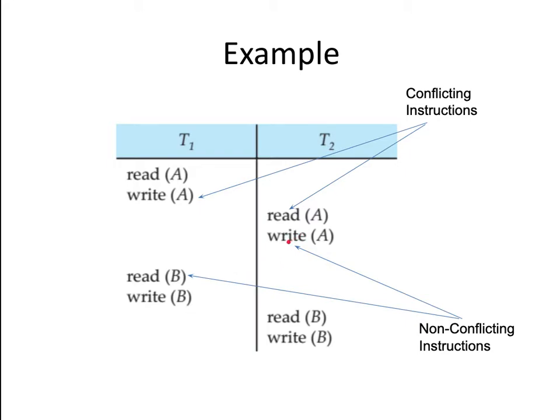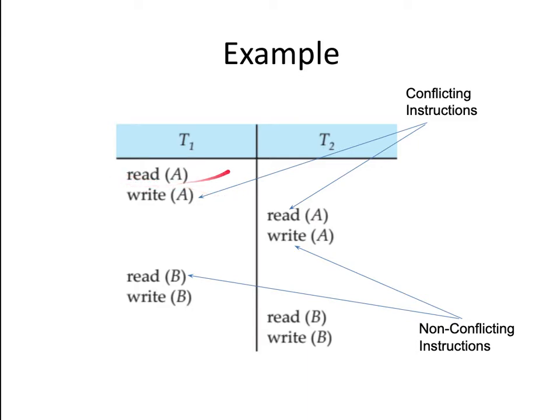Moreover, it is not always the scenario that you should consider only the successive instructions. What I mean to say is that I have just drawn an arrow from this instruction to this instruction. If I talk about this read A and this read A, these are non-conflicting instructions because they are only read operations on the same item.